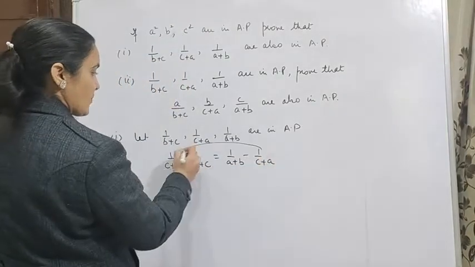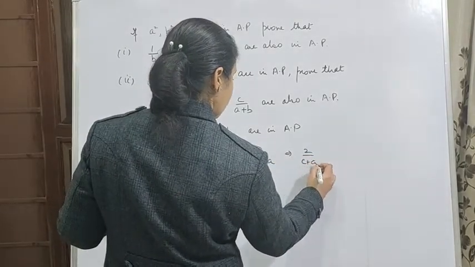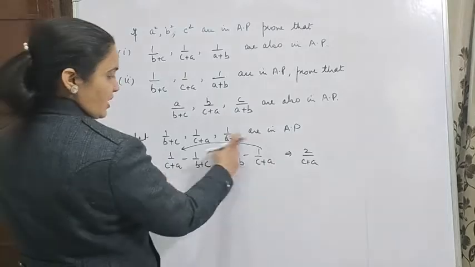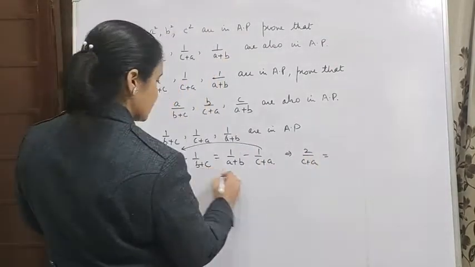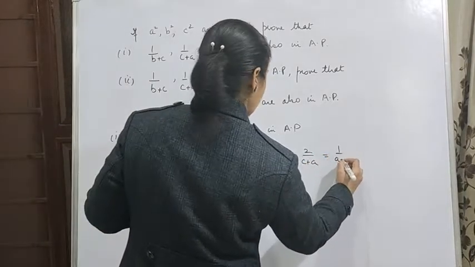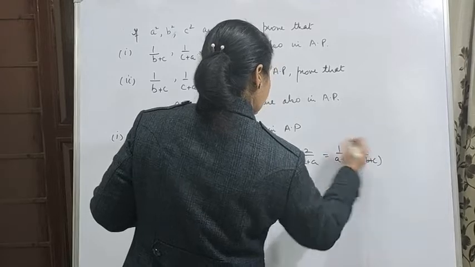Let us now combine this with this. So this will imply 2 times C plus A. This is C plus A, and here we will add 1 upon C plus A. You will get 2 times C plus A. We will take this over there, is equal to A plus B plus 1 upon B plus C.